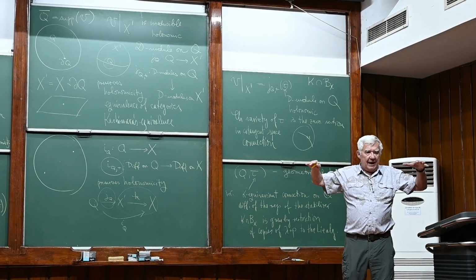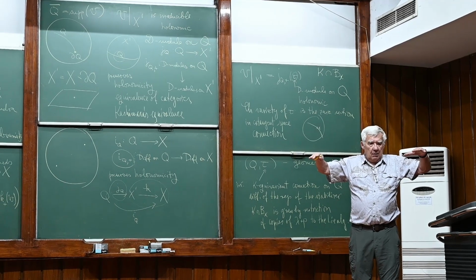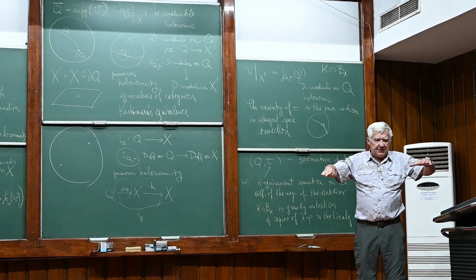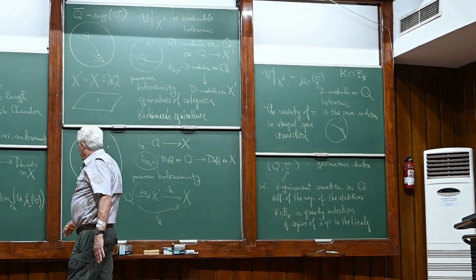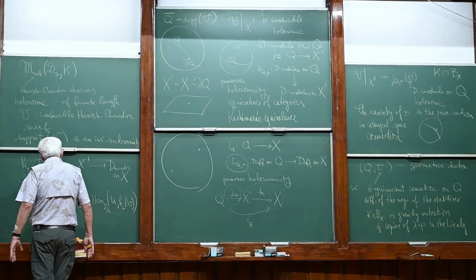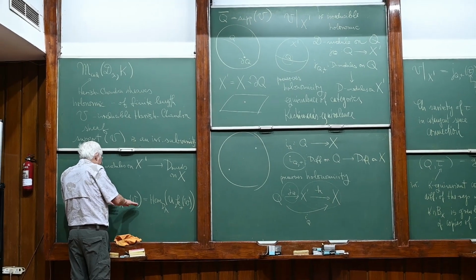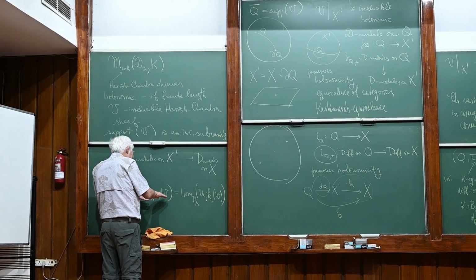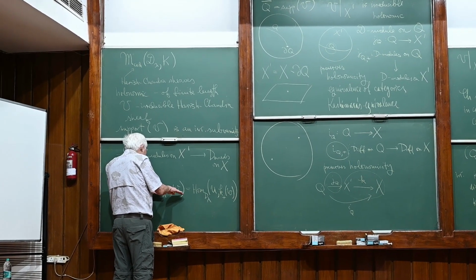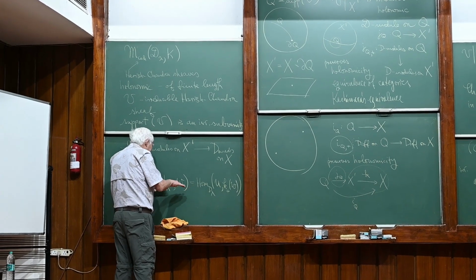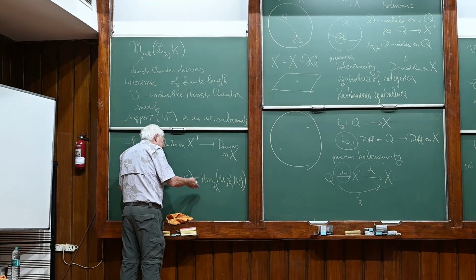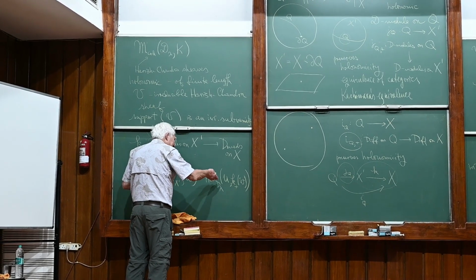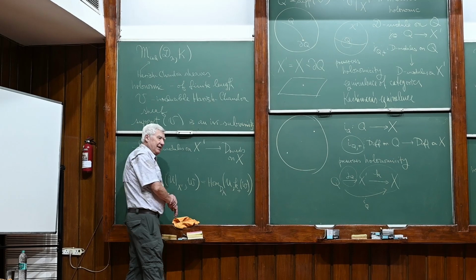Because you see, if you will have two and you restrict them, then between them, if they're not isomorphic, then this would be 0, and then this would contradict this.